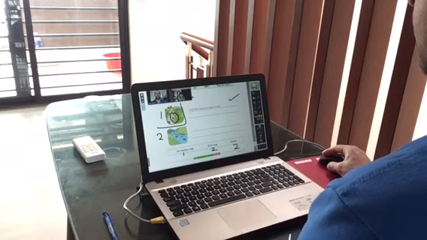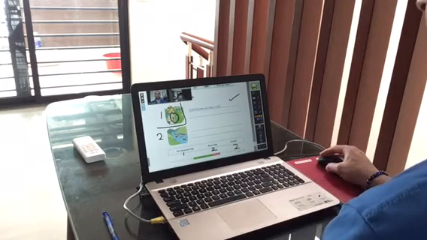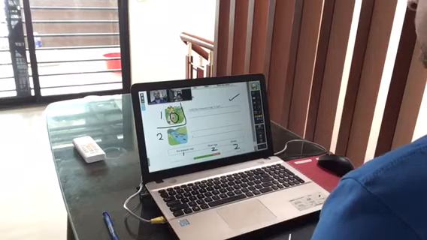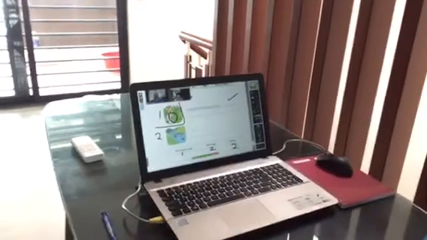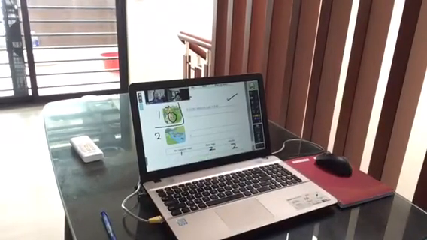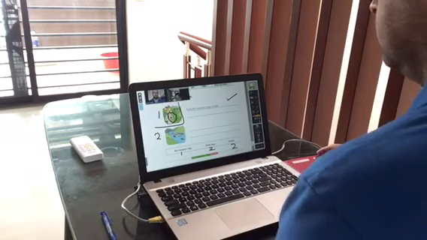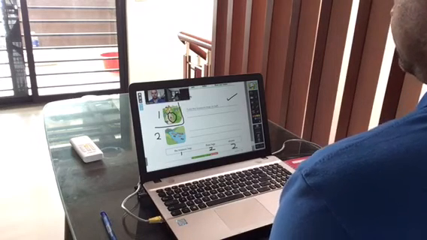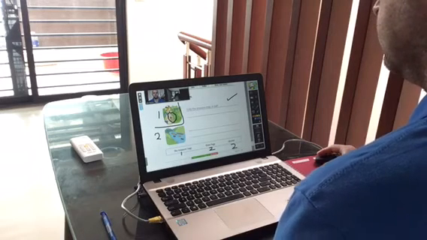Well done, yes. Okay, now in picture 2, what do you see in picture 2? Three logs are taller than two logs.